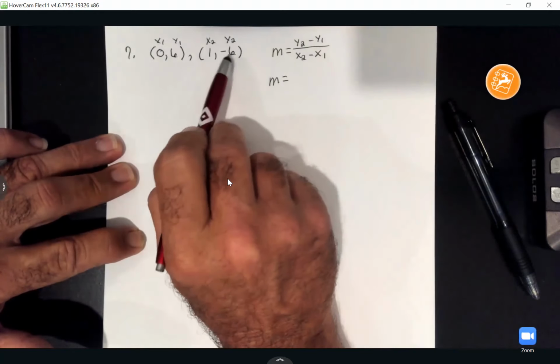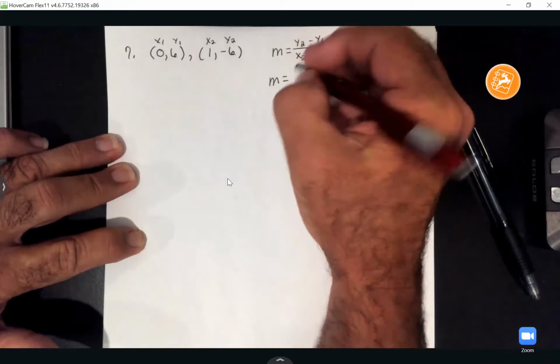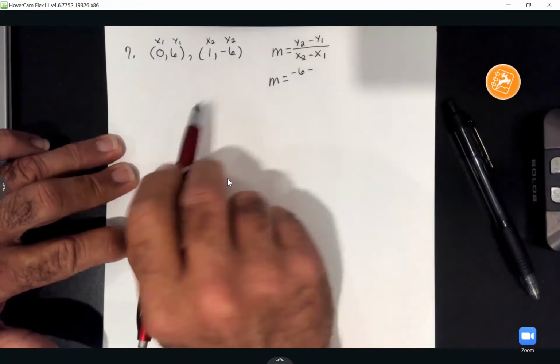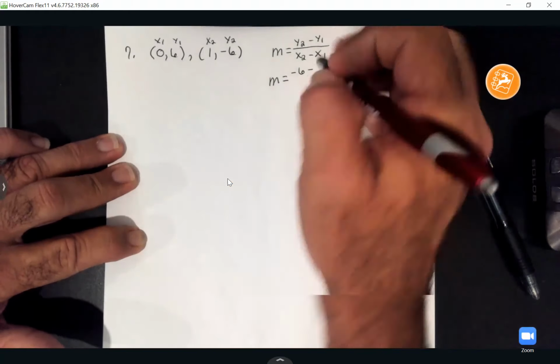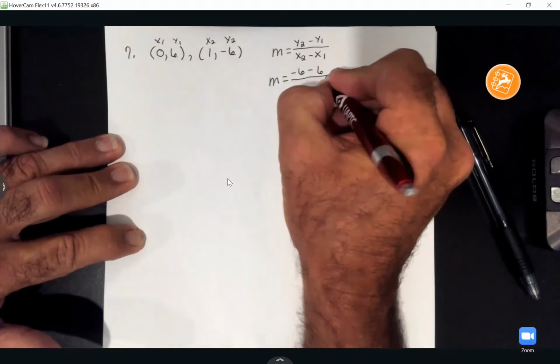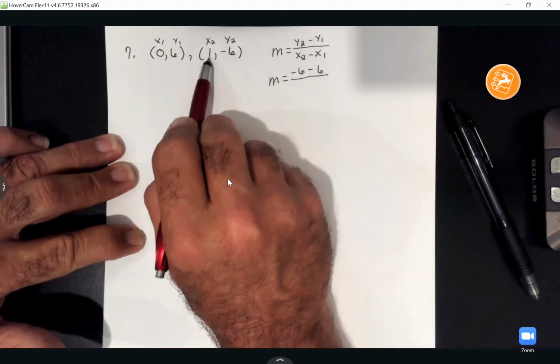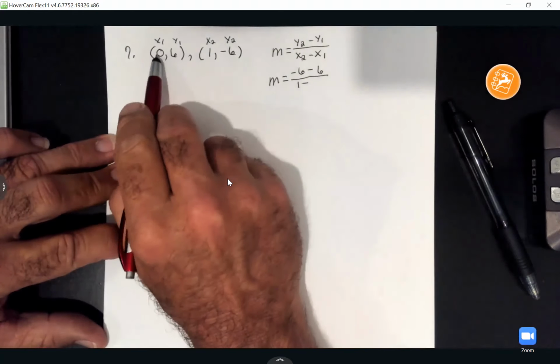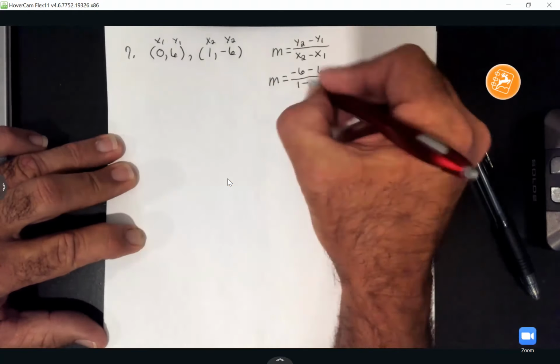So y2 is -6. So I got -6 minus my y1, which is a +6, over my x2. Well, my x2 is 1 minus my x1, which was 0.